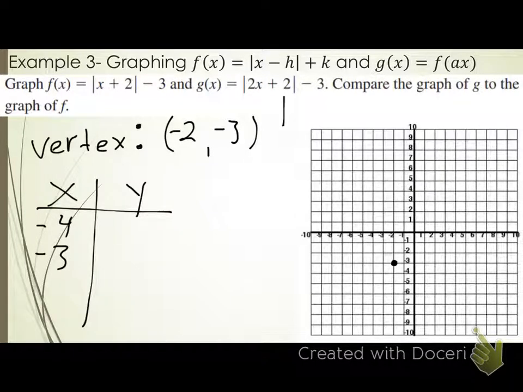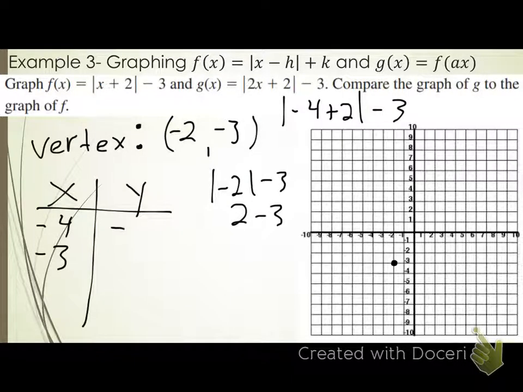I have the absolute value of -4 plus 2 minus 3. What's -4 plus 2? -2. Absolute value of -2 is 2, minus 3 is -1. So -4, -1 is one of my ordered pairs.